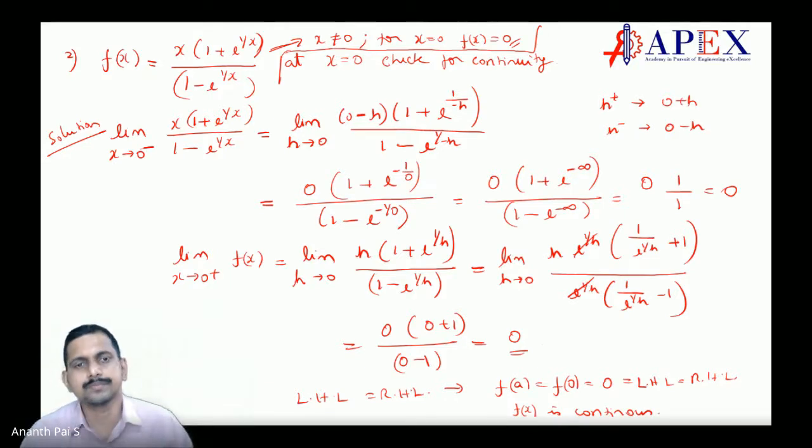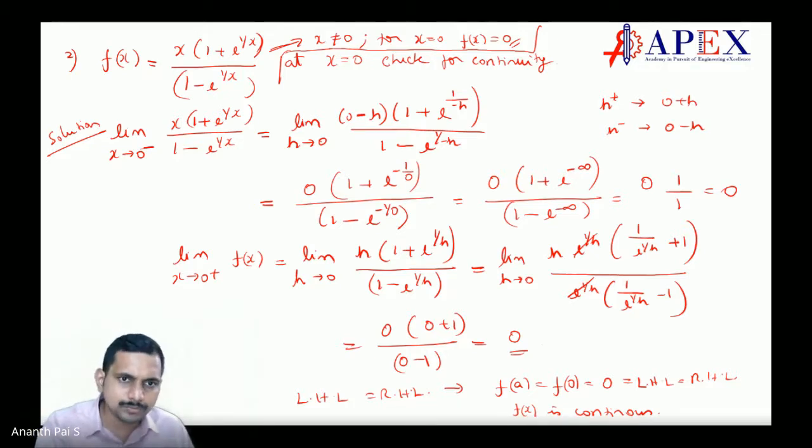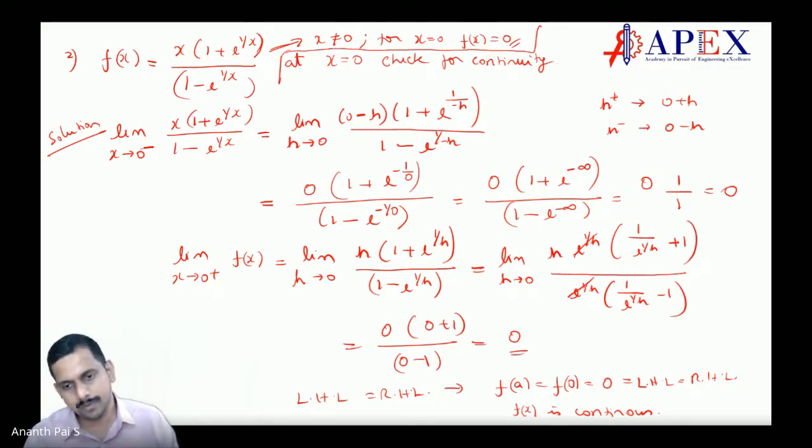Make sense? You can check otherwise also. Even if you take e power x outside, you will get 0 only here. Even if this was not given, you know it is 0 only. So it's a continuous function.